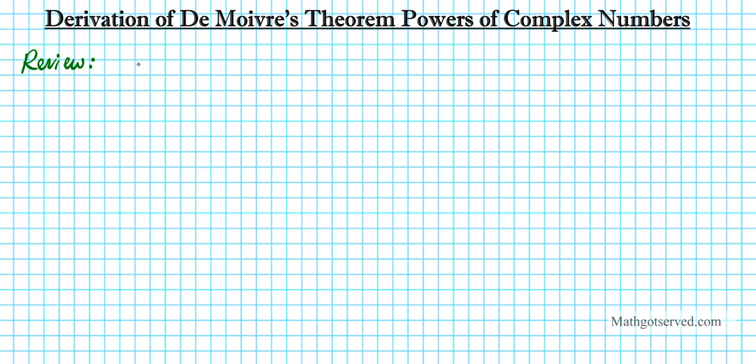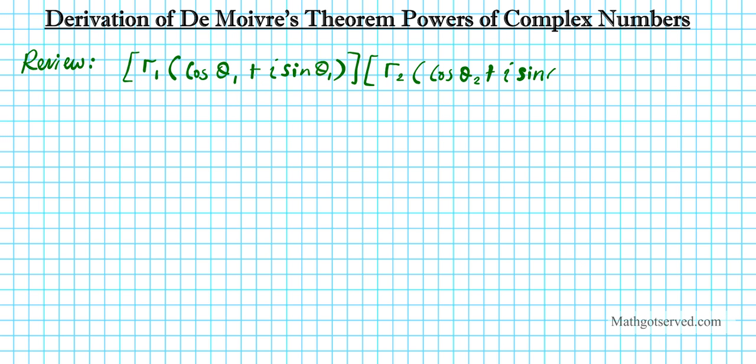So we have two complex numbers, z1 times z2, and you want to multiply them. Let's say the first one is r1 times cosine theta 1 plus i sine theta 1. This is the first complex number. And you want to multiply it with another complex number, r2 times cosine theta 2 plus i sine theta 2. What does the product formula for complex numbers in polar form tell us?